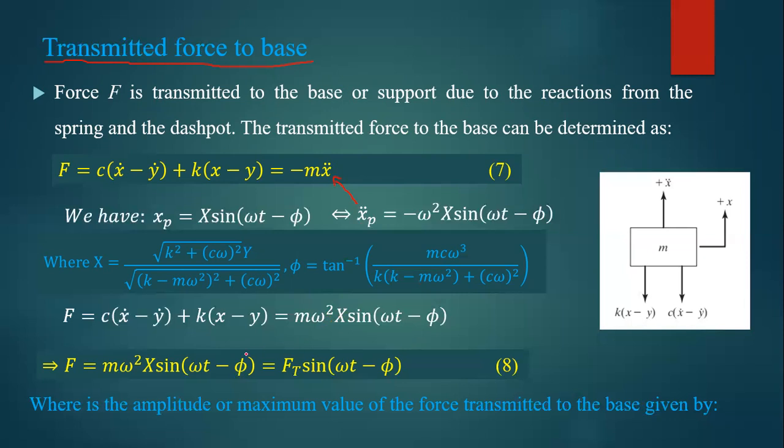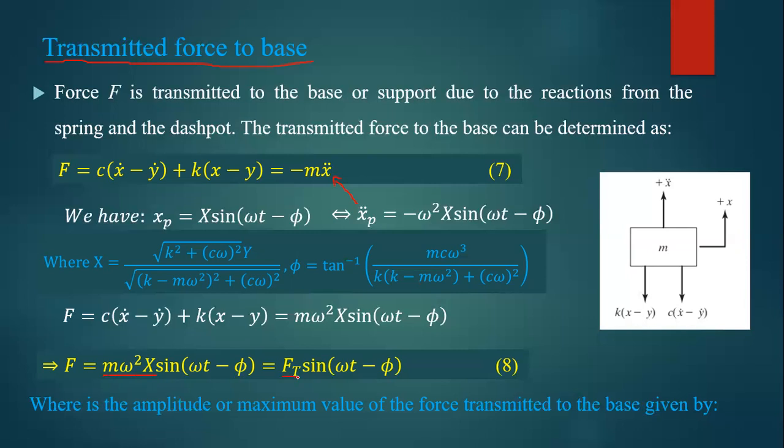So that type of equation we can observe from here. So F is equal to m omega square x sine omega t minus phi, which is equal to F transmitted. So this component is considered as Ft, the transmitted force to the base.